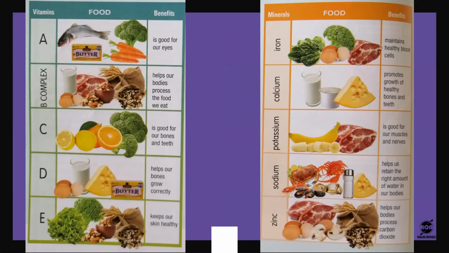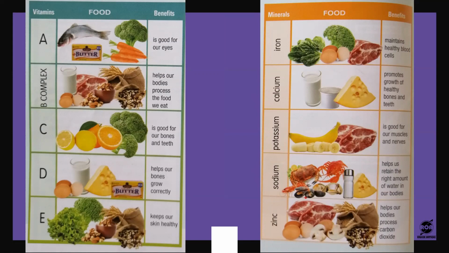So we have vitamin A, and in vitamin A, we have fish, broccoli, butter, and carrots, and this vitamin is good for your eyes. Then we have B complex, where we have milk, meat, eggs, nuts, and seeds, and also grains. And this helps our bodies process the food that we eat.